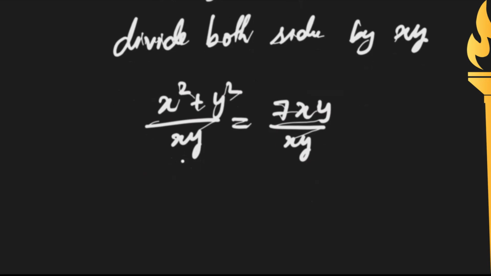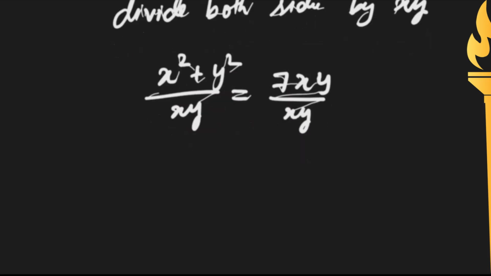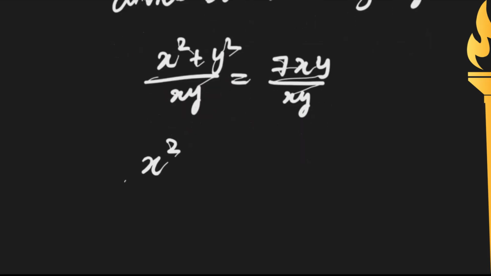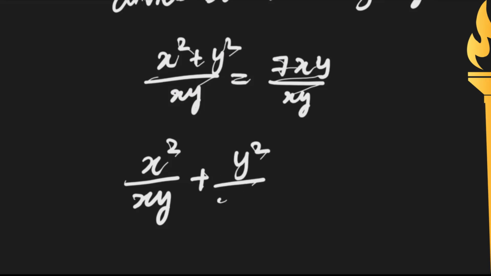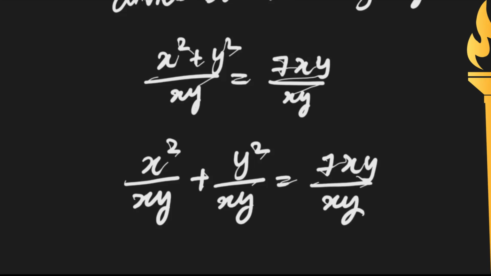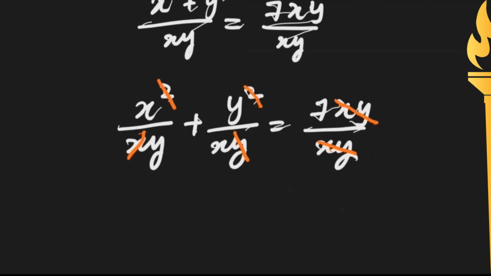If we distribute this denominator to both of the numerators, we would get x square by xy plus y square by xy is equal to 7xy by xy. If we cancel here, square and x get cancelled, square and y get cancelled, and xy and xy.